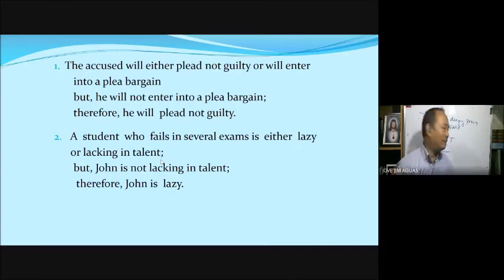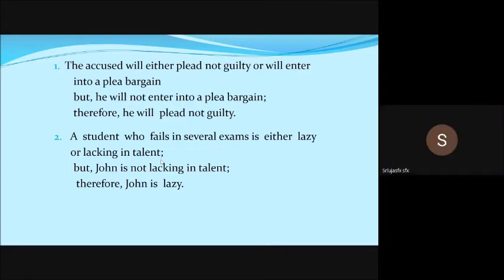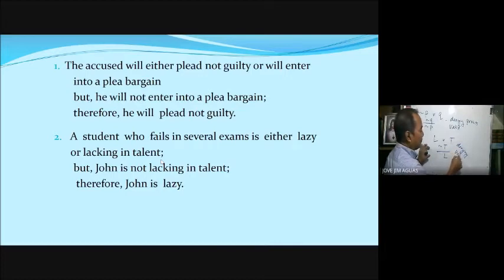John is not lacking in talent, therefore he is lazy. So we follow the denying process. Valid or invalid? Valid. That is a valid argument.